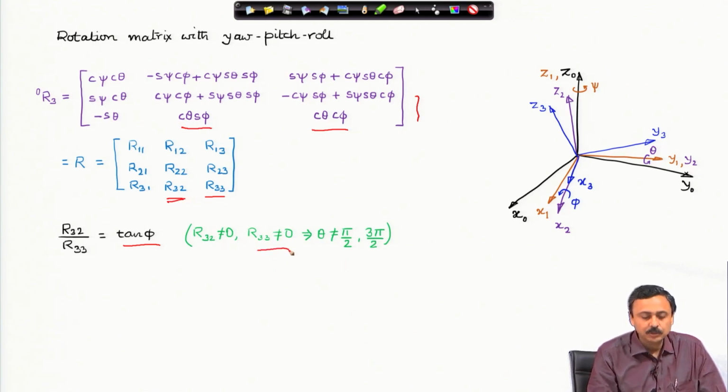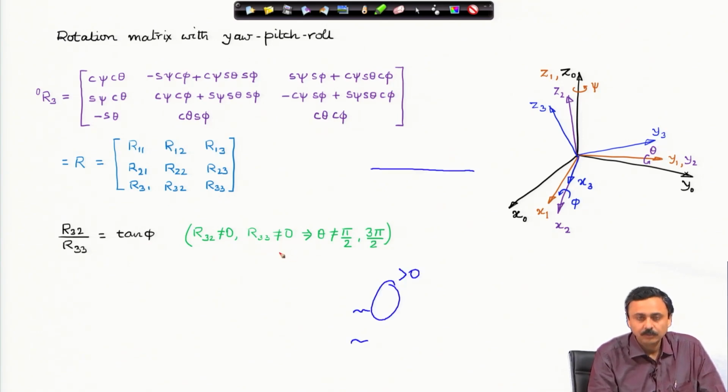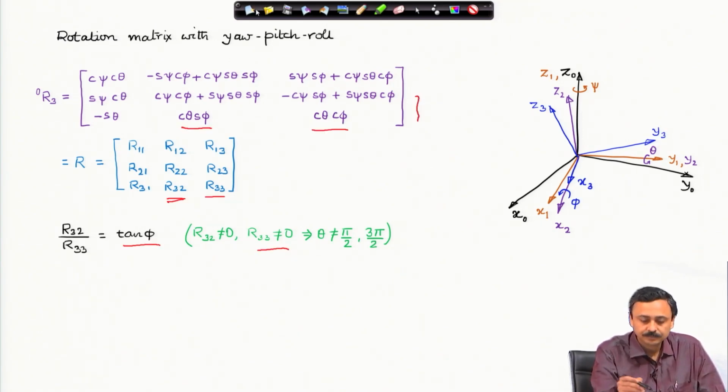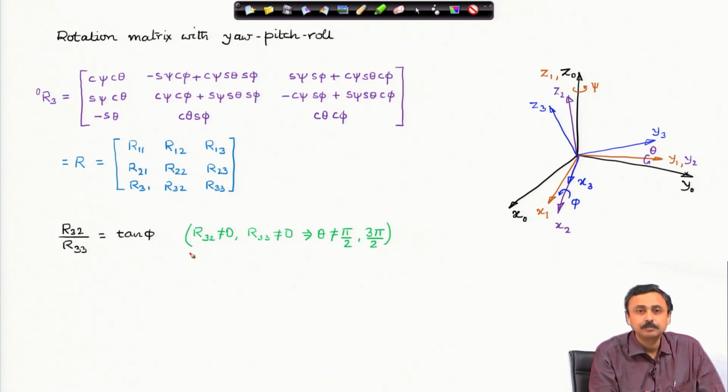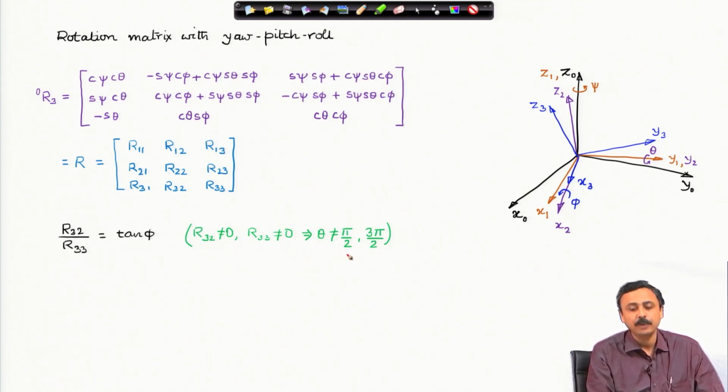If R32 is equal to 0, then we immediately know the value of phi. If R33 is equal to 0, once again that would imply something about theta. So, if these are not equal to 0, then theta cannot be pi by 2 or 3 pi by 2, that we definitely know.